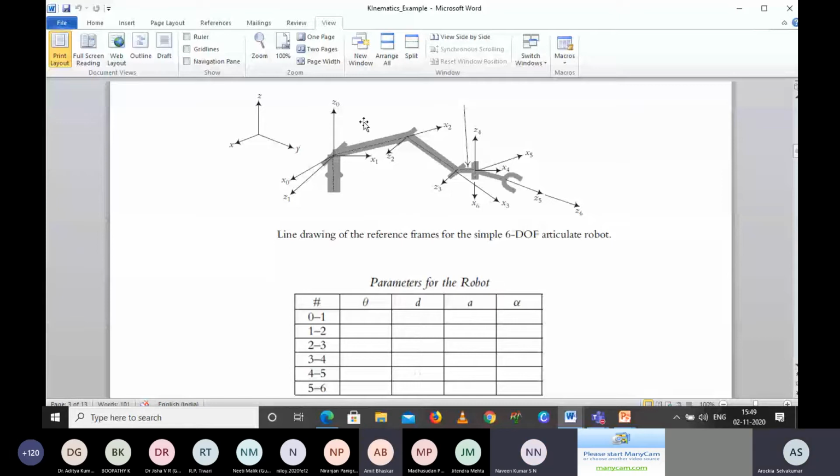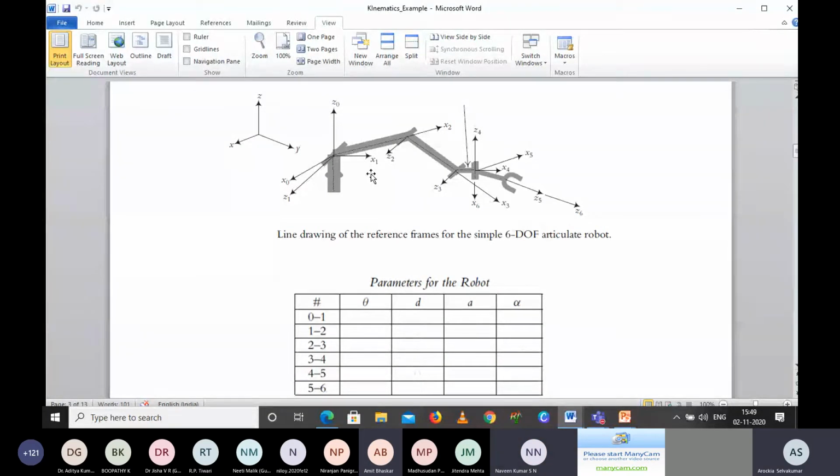My question is simple, sir. Whether I have to rotate x1 axis or x0 axis? Which one I have to rotate, sir? X0 or x1? X1, sir. X1 I am aligning means it will go to x0.